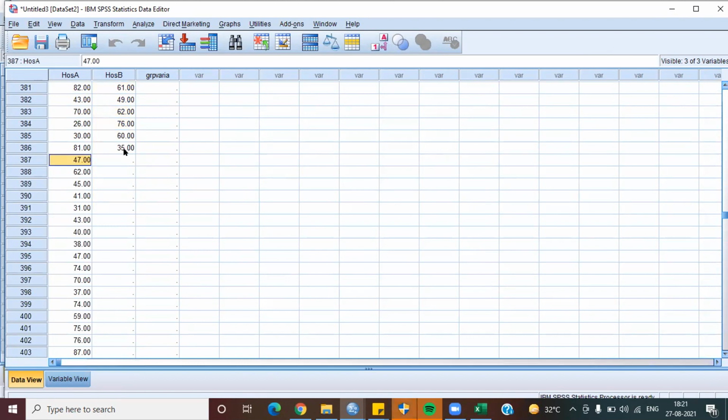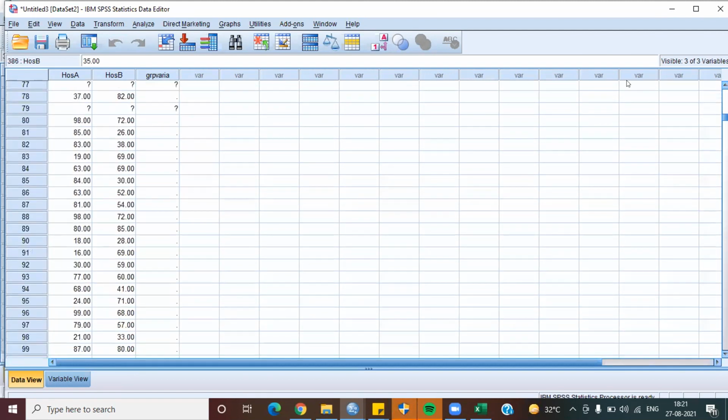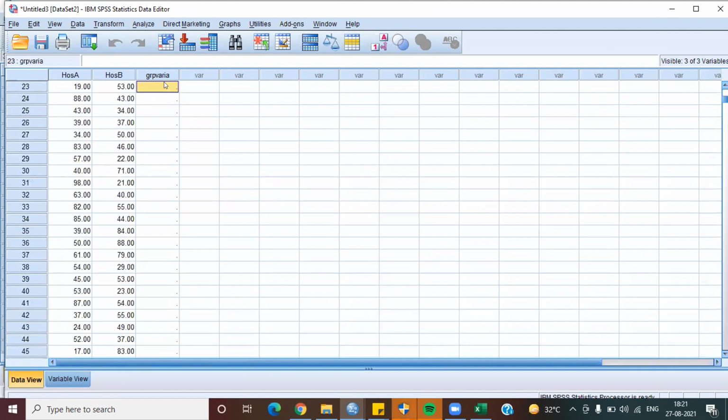From till here, it was one hospital, and that was another hospital. If I'm talking about group variable, one city and another city, or hospital A or hospital B, you can code here.